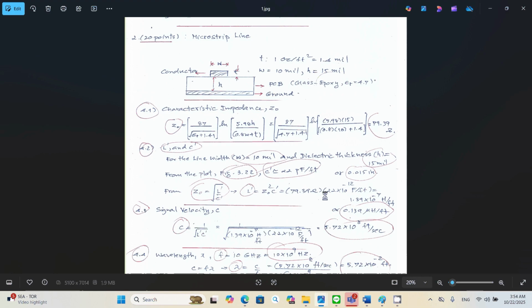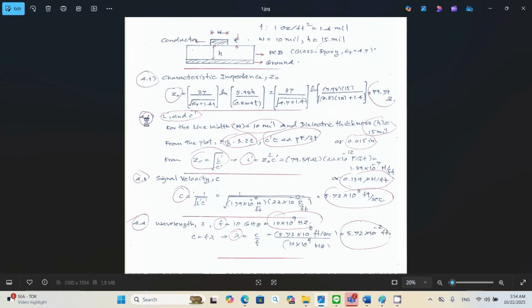Just plug in the numbers, and you end up with L prime equal to 1.39 times 10 to the negative 7th henry per feet, or 0.139 microhenry per feet. So you already have both C prime and L prime.